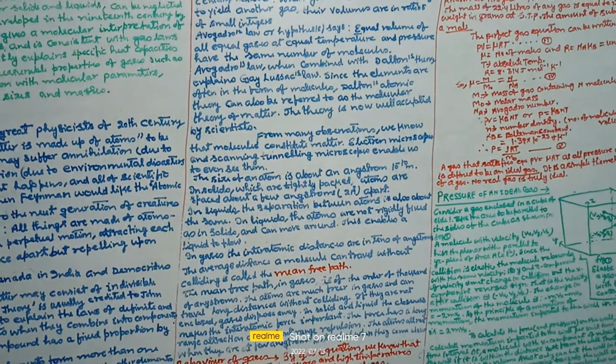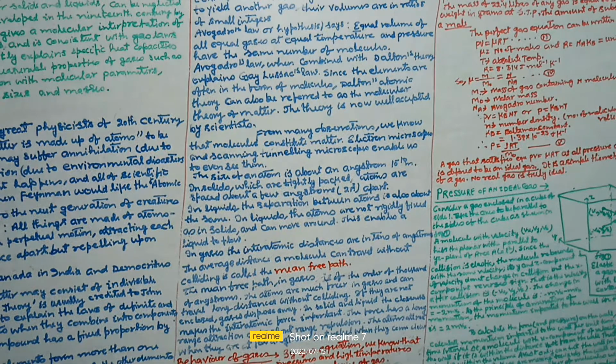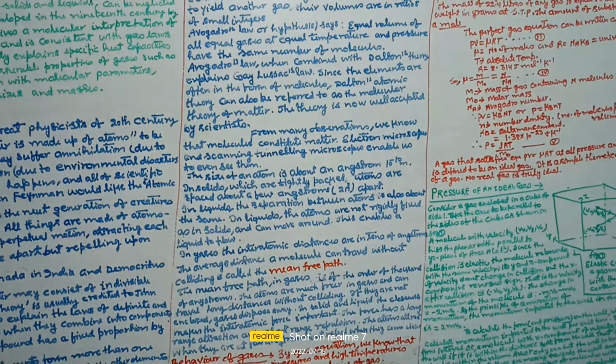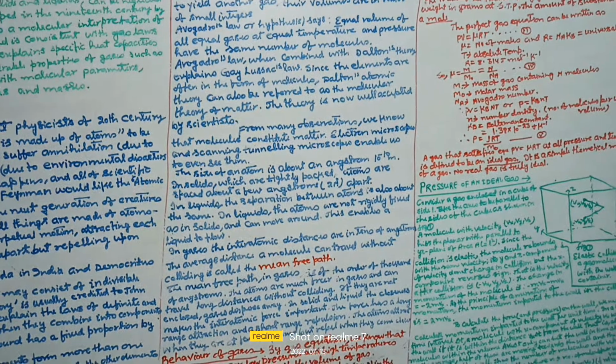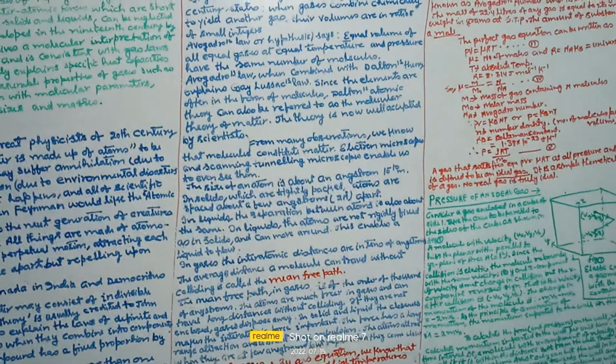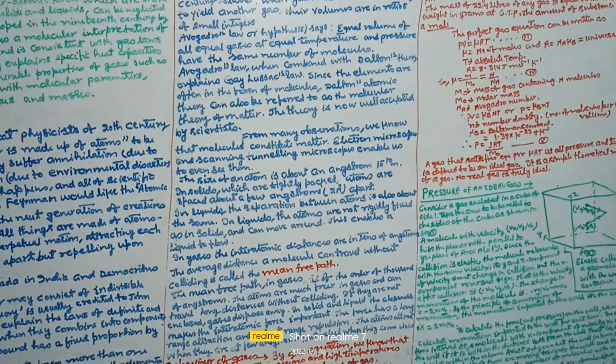If they are not enclosed, gases disperse away. In solids and liquids, the closeness makes the interatomic force important. The force has a long range attraction and a short range repulsion.